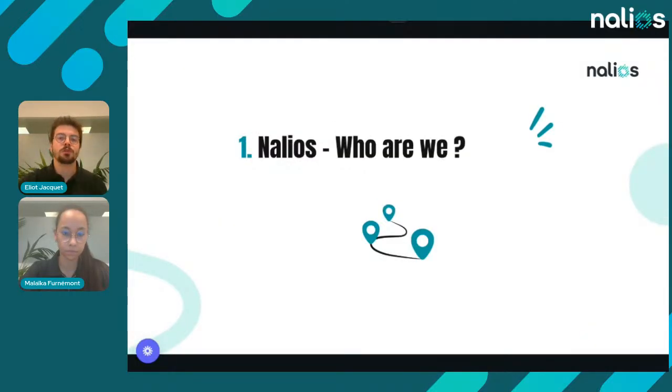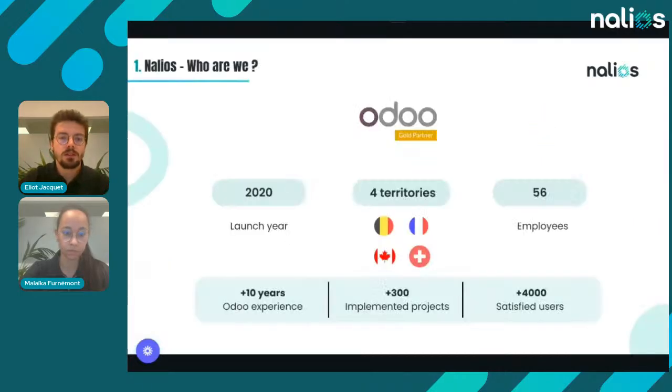So first, who are we? Nalios has been launched in 2020, so it's not a very old company, but already well implemented in Belgium. We are actually not in 4 territories, but in 5, because we have launched recently a new agency in the US. We are around 56 employees at Nalios, but I think it's even more now since we have new people joining us almost every month.